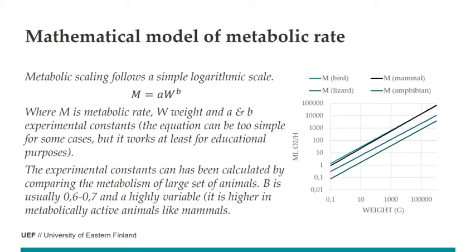The 2 lines below them are lizards and amphibians, meaning frogs. So for different kinds of animals we can use the same model, but they have different A and a slightly different B.